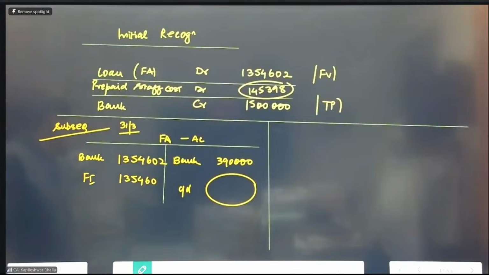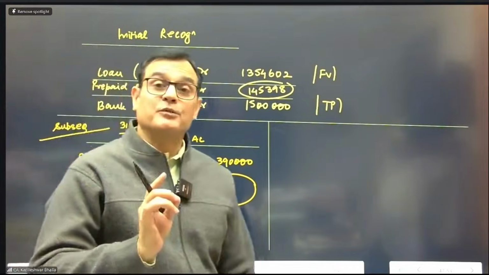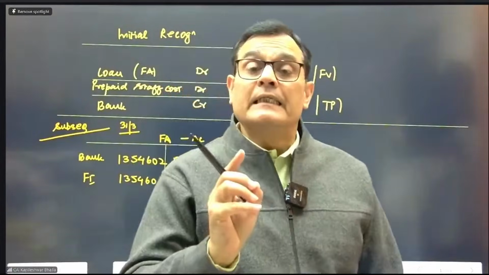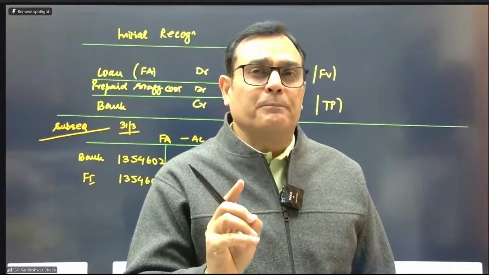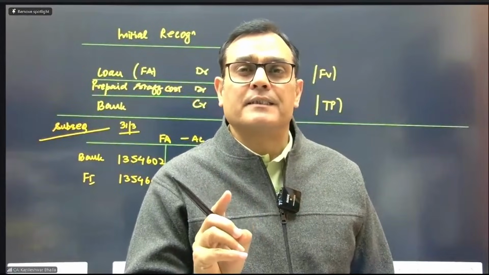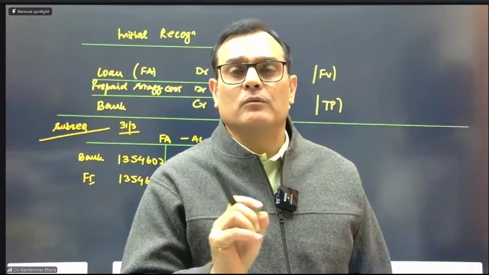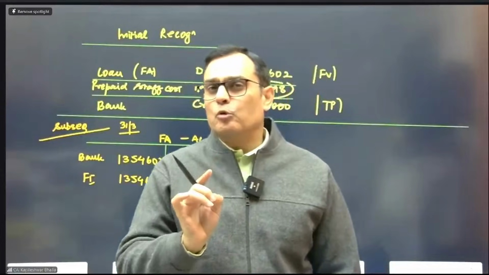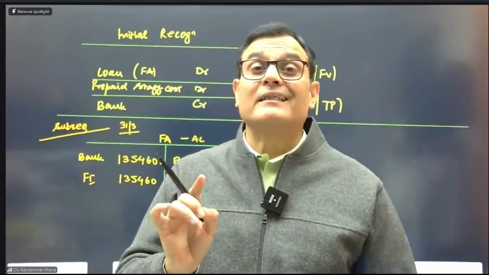Now, I want to show you something more interesting at this stage as well. And I think that's very important when you're going to make the extract balance sheet. Is this loan going to appear as a non-current asset in the balance sheet? The answer is no. There is a portion of this loan which is current in nature.